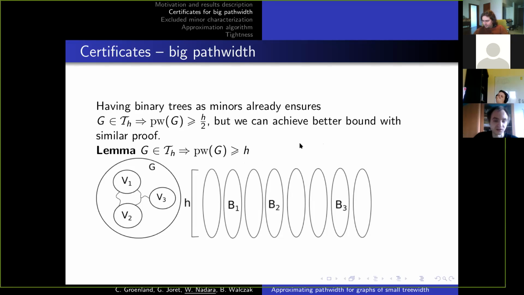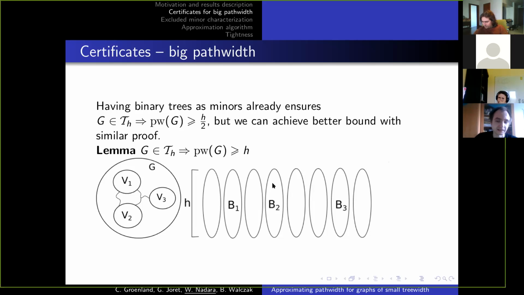And we also know that there need to be bags B_i that have size exactly h and are fully contained within the corresponding set V_i. Without loss of generality, we can assume that bag B2 is between bags B1 and B3 in this hypothetical path decomposition of width h-1 for the whole graph G.